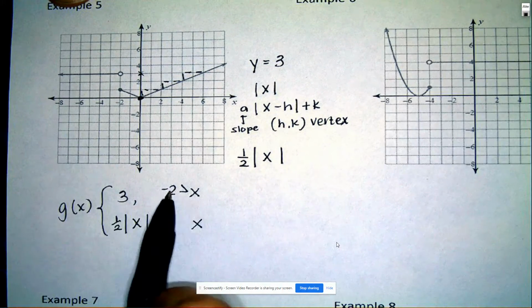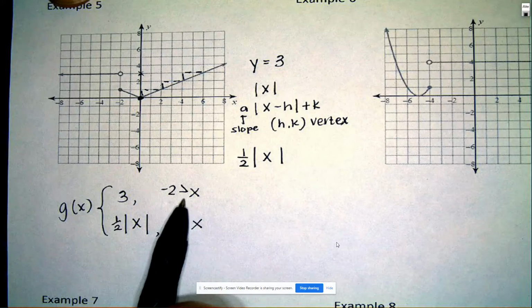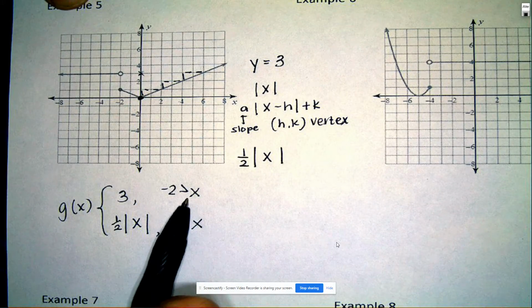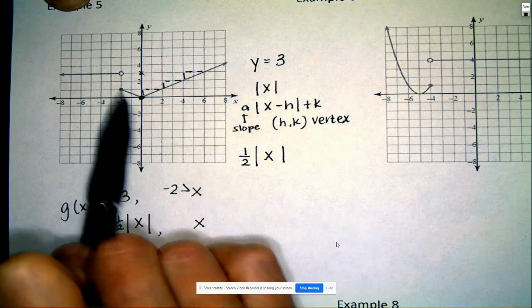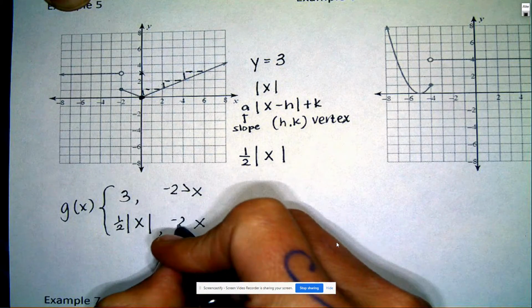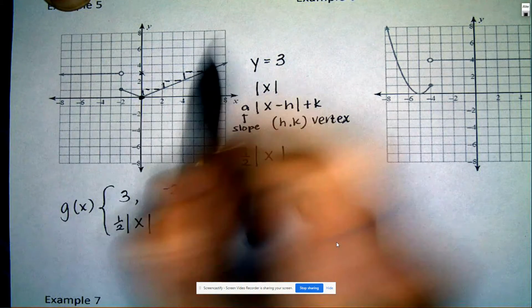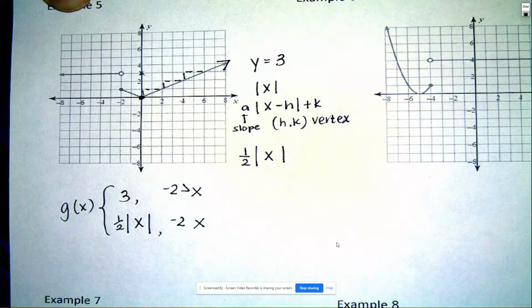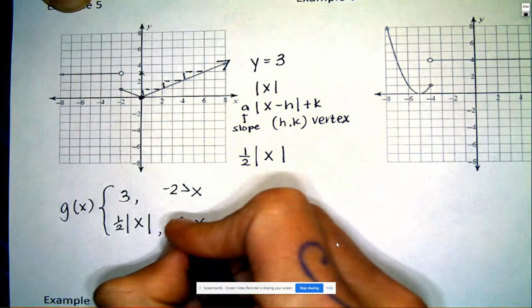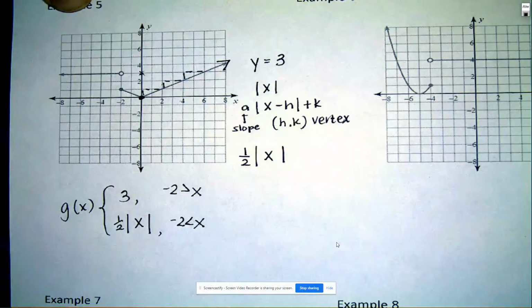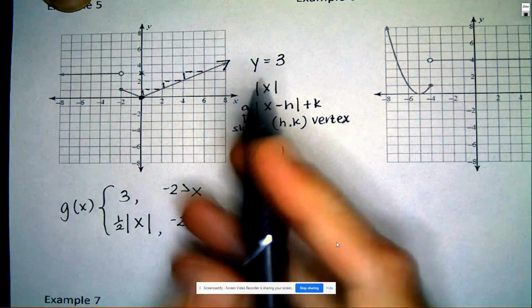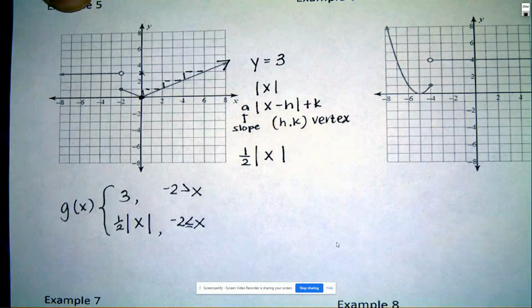Not equal to, because that's an open circle. Our absolute value function starts at that -2 and then goes on forever to the right because we have that arrow on the right-hand side. So that means all the values of x are greater than -2. And that is a solid circle, so it's going to be an equal to.